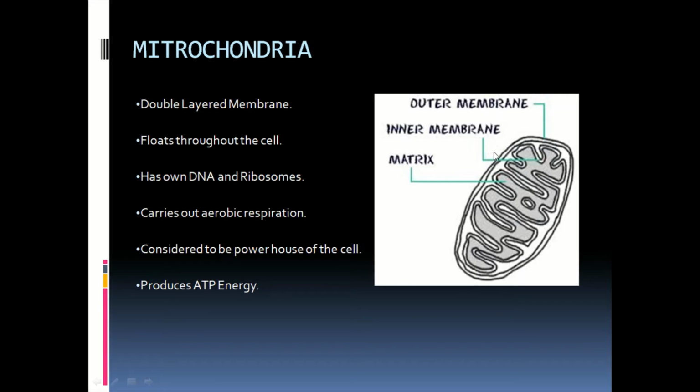The inner membrane is very much folded, and due to this folding the structures are known as cristae. Due to the folding, the inner membrane has a larger surface area than the outer membrane.